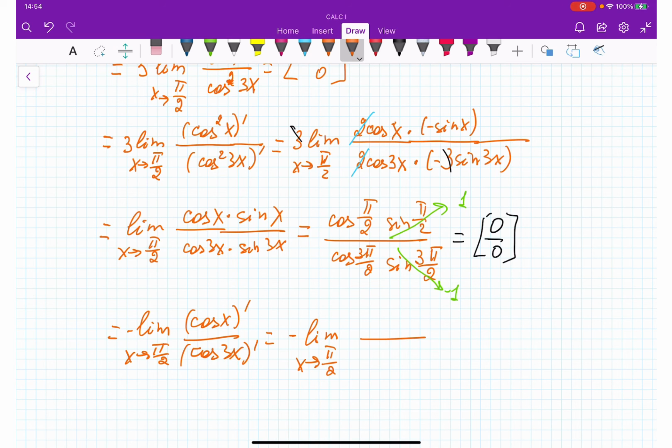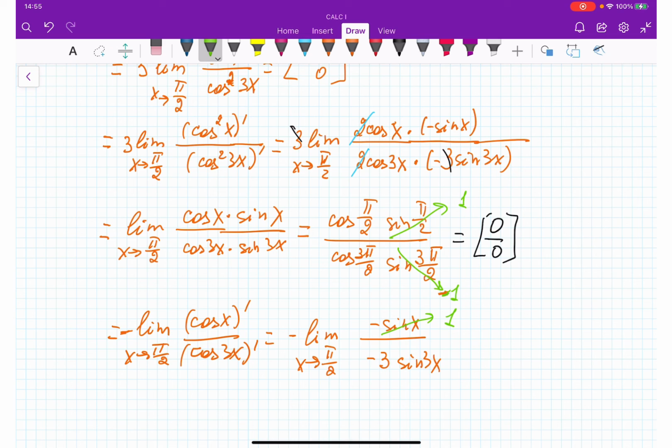Yeah, this negative I forgot to apply here. So we have here negative, right? So this negative is going to stay. Oh, I have it here. Okay, this negative I applied. Very good. Negative limit as x approaches half a pi. Derivative of cosine is negative sine x, over negative 3 sine 3x.